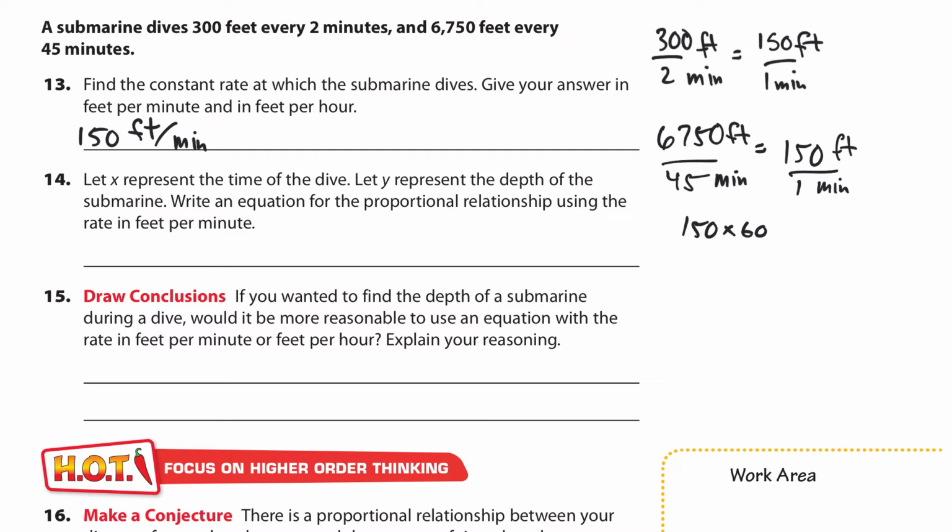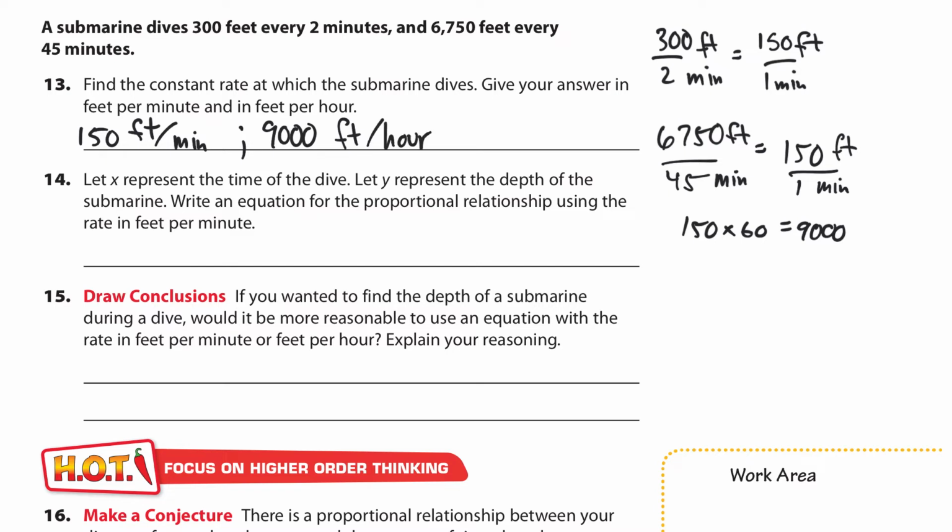I've got my calculator here, so 150 times 60 is 9,000. So it's 9,000 feet per hour.